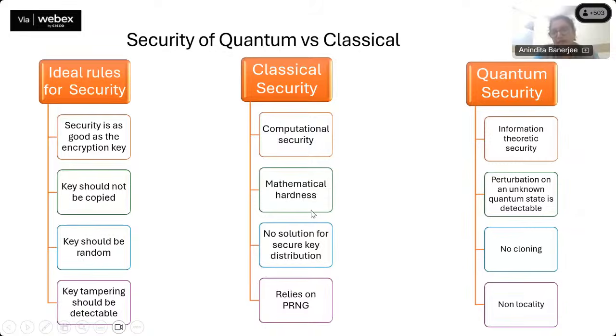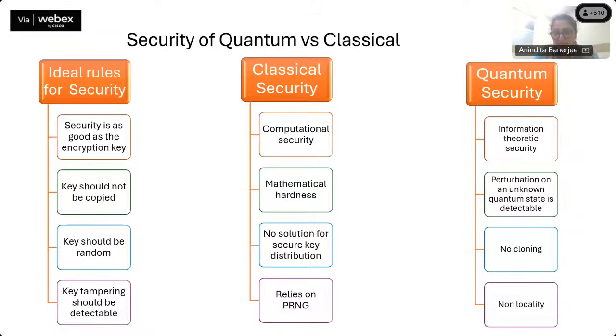But we know the limitations of the classical world. We have tried using a mathematical hard problem, but once a fault-tolerant, realizable, useful quantum computer exists, it will be able to break it in a few seconds using some kind of hybrid algorithm, which will primarily use Shor's and Grover's algorithm primitives. So this is a challenge. Computational security: while designing the security model, nobody had thought about quantum computers or infinite resources.